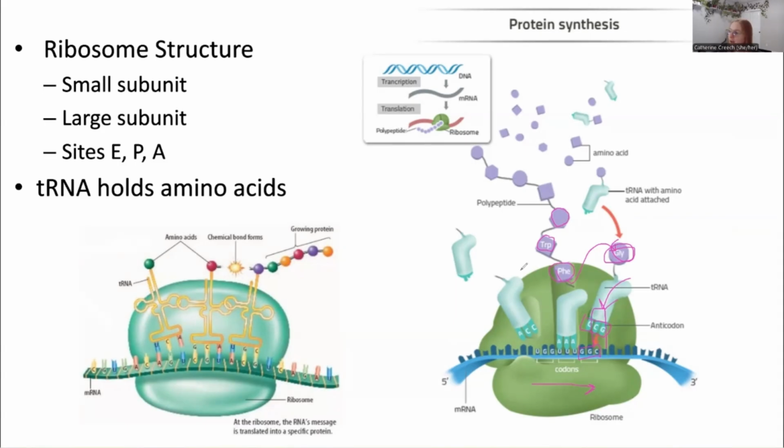And then the now empty tRNA here will be ejected from the E site. So I have my E site, my P site, and my A site right here. Let's look at another visual of that.